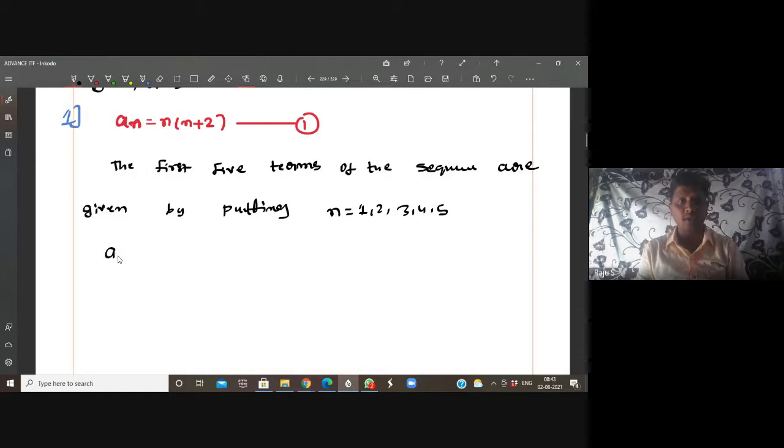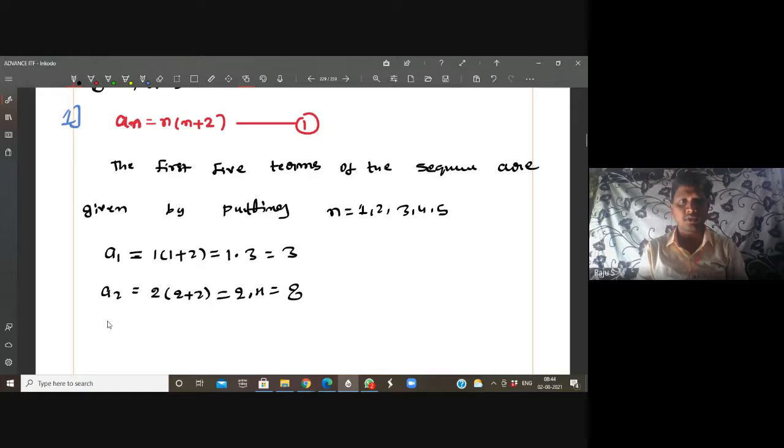Then A1, when n is equal to 1: 1 into 1 plus 2, that is 1 into 3, equal to 3. A2 means n value is 2: 2 into 2 plus 2, 2 into 4, 8.